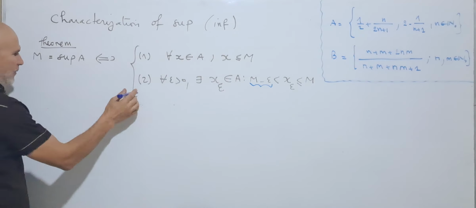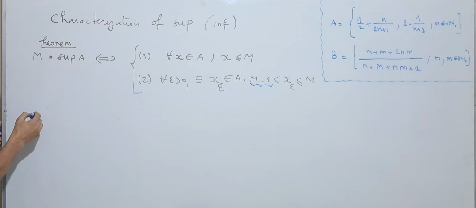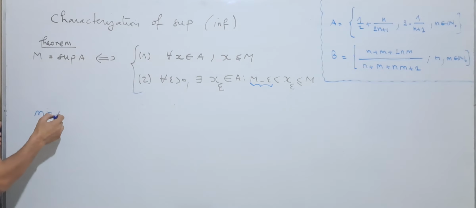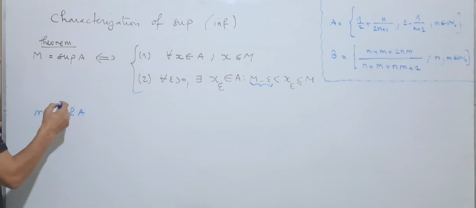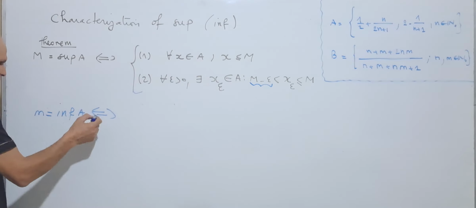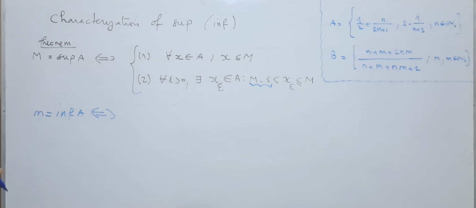And about the infimum, m is equal to the infimum of A. We suppose that A is lower bounded.